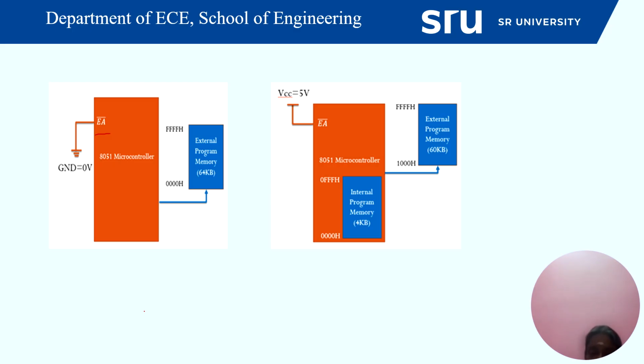It is active low. If it is grounded, that means EA bar equal to 0, then it is possible to use external program memory of 64 kilobyte. The total capacity of external program memory is 64 kilobyte, and we can use it solely without using the internal program memory.